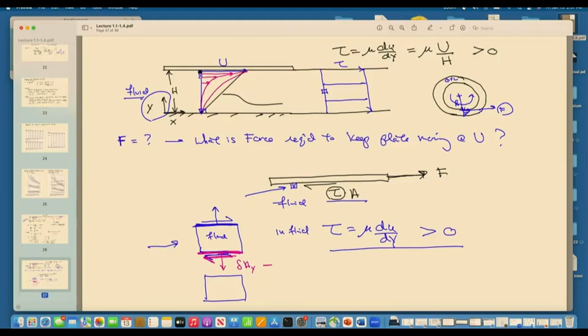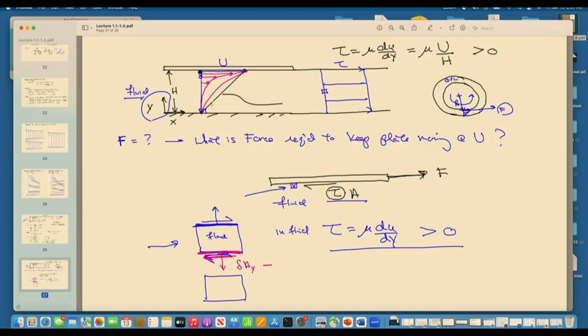By the way, for this linear velocity distribution, you can evaluate this shear stress at any location, at the wall or within the fluid, at any point.